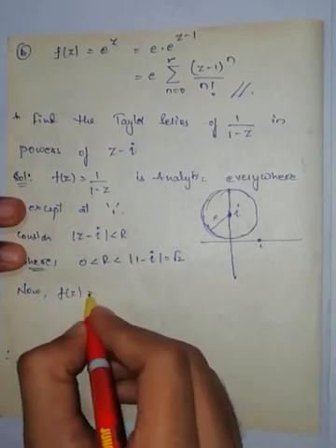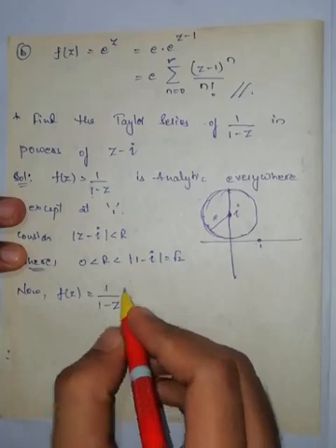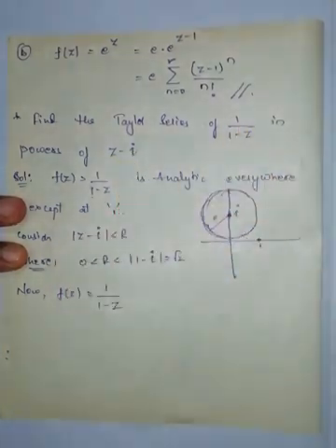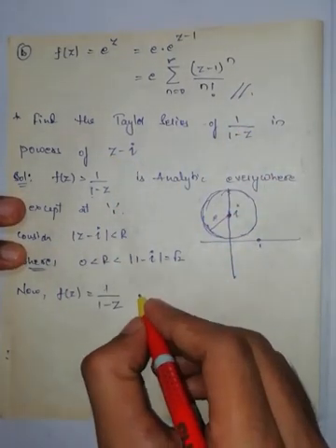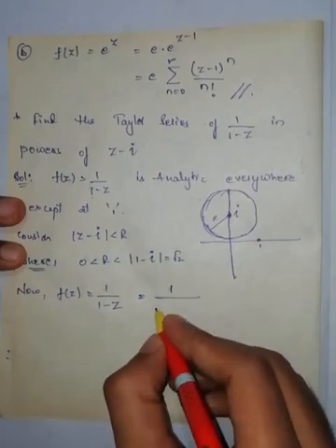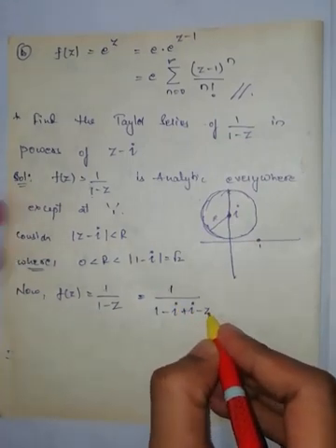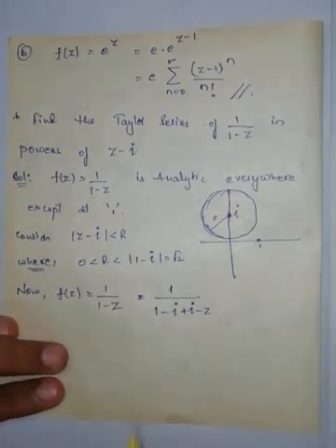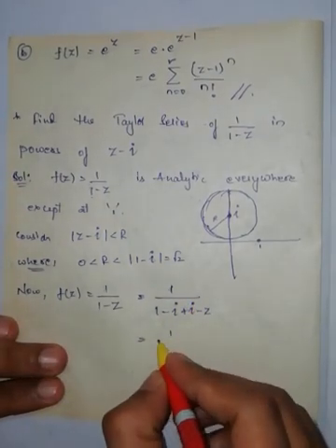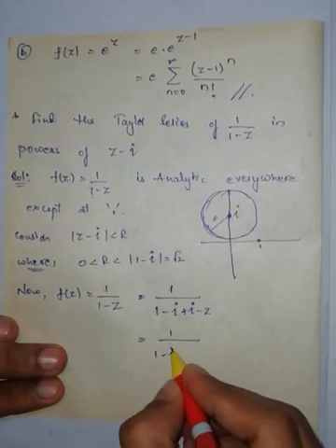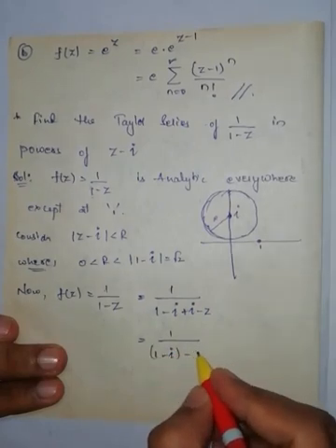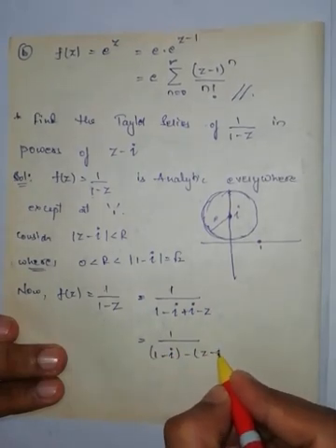Now f of z is equal to 1 by 1 minus z. Now we have to write this in terms of z minus iota. This can be written as 1 by 1 minus iota plus iota minus z. This I am going to write as 1 by 1 minus iota minus, taking common, z minus iota.